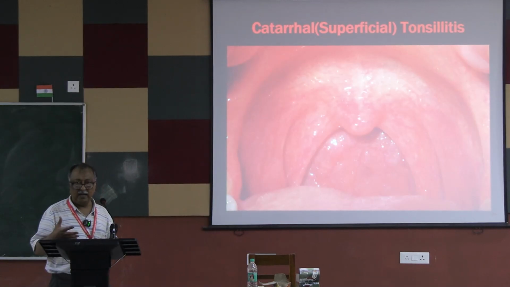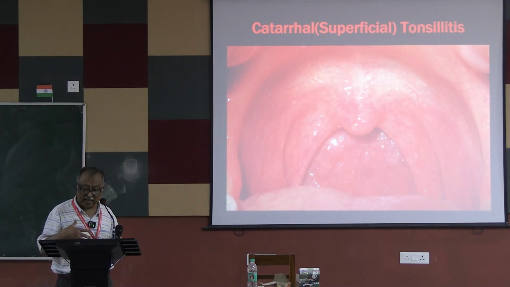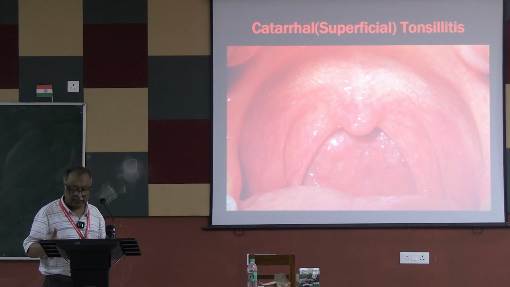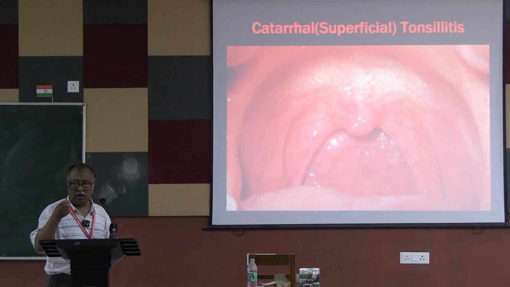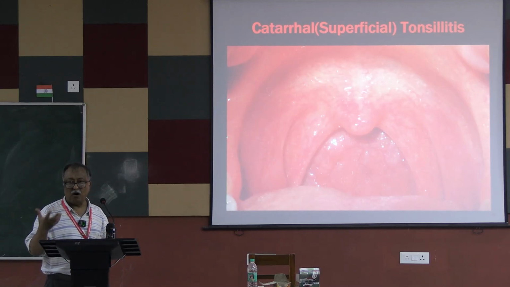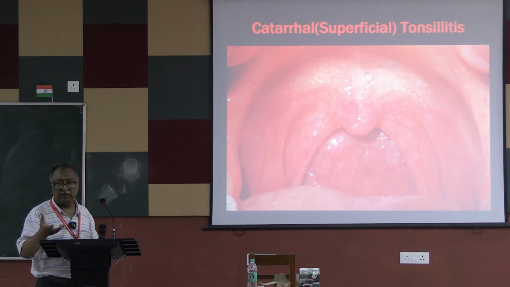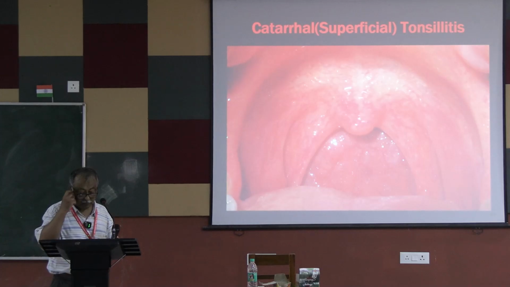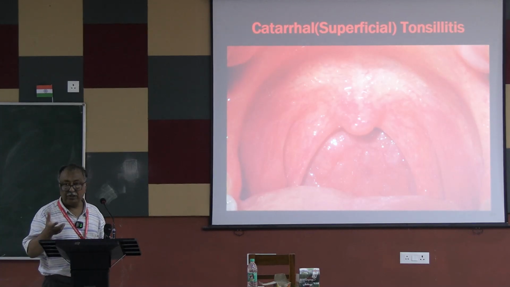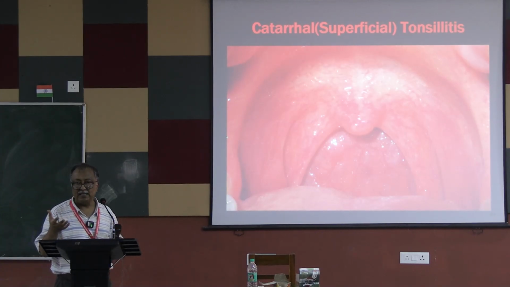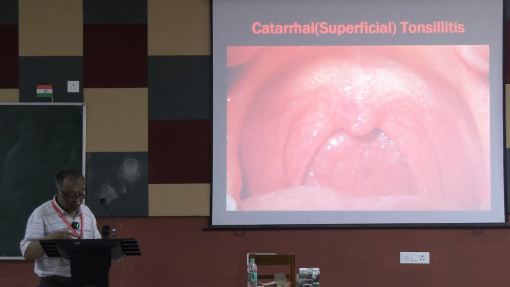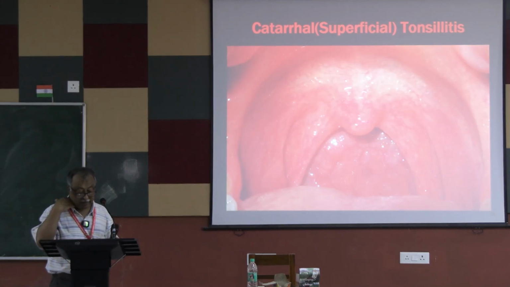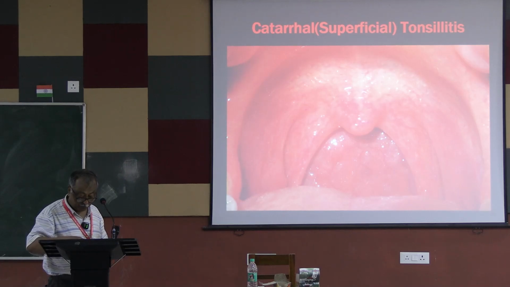And GERD, gastroesophageal reflux disease, also has pharyngitis or tonsillopharyngitis due to the reflux of the acid, and it is due to, I think, the weakness of the valve of the esophagus, and sometimes it is due to the chronic sinusitis. There is a postnasal drip which can cause the pharyngitis, even after endotracheal intubation also.